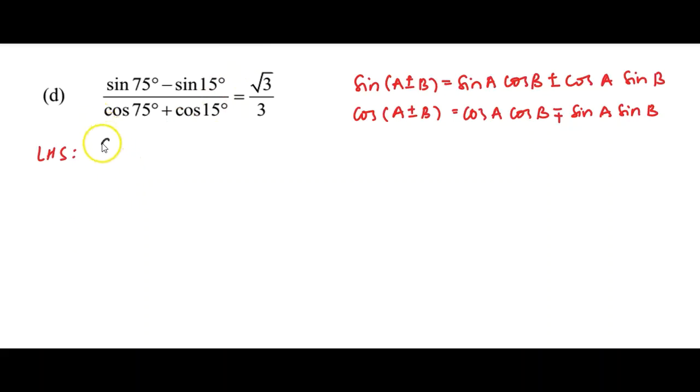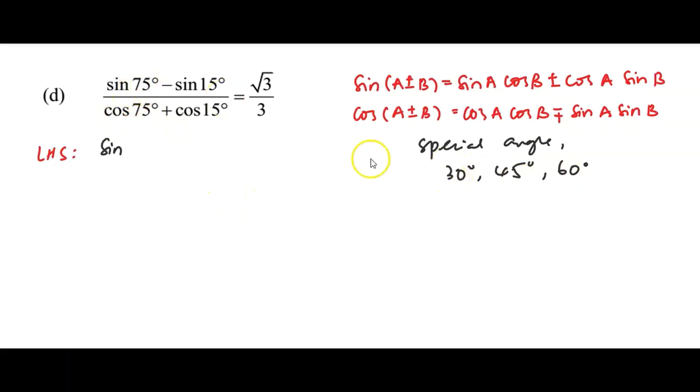I have my sine 75. Sine 75 is not a special angle. In order not to use a calculator, we have to relate it to the special angles. The special angles include 30, 45, and 60 degrees. So here we try to relate the 75 with 30, 45, and 60.